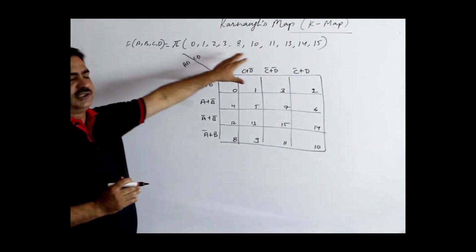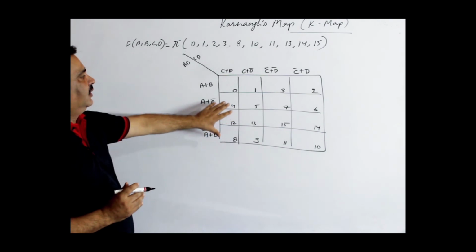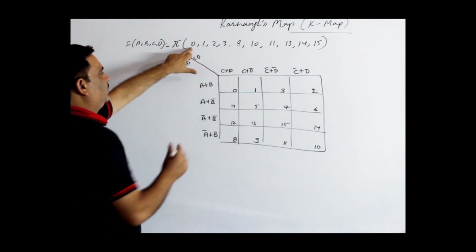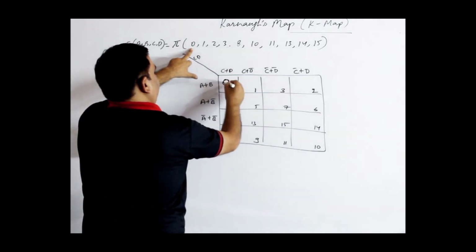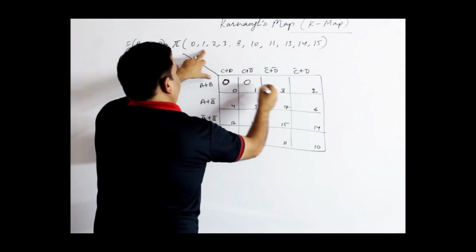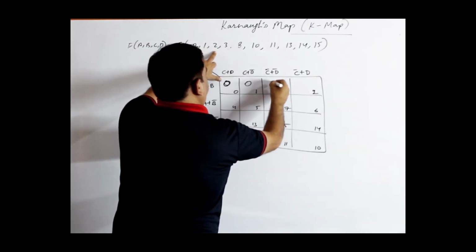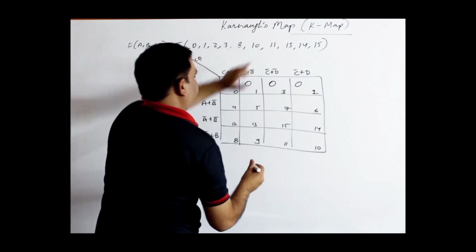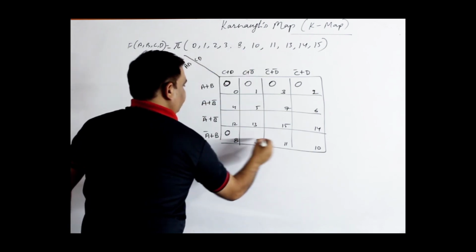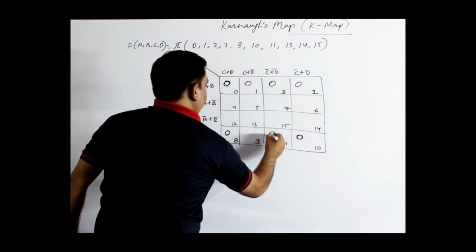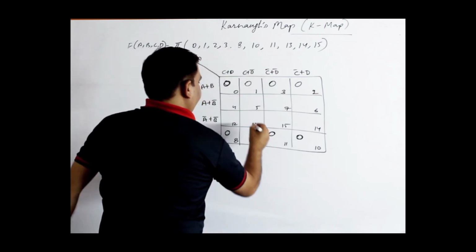Now, suppose this is the expression, the same expression. First of all, we have to fill the cells with zeros. 0 is here, put 0; 1, 2, 3, 8, 10, 11, 13, 14, 15.